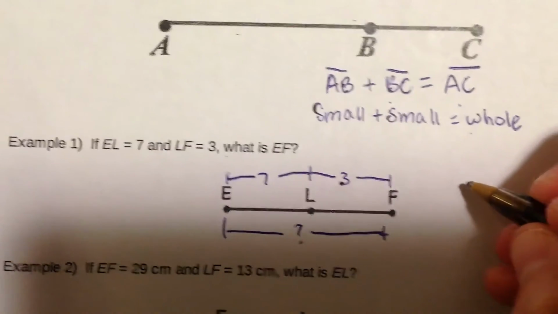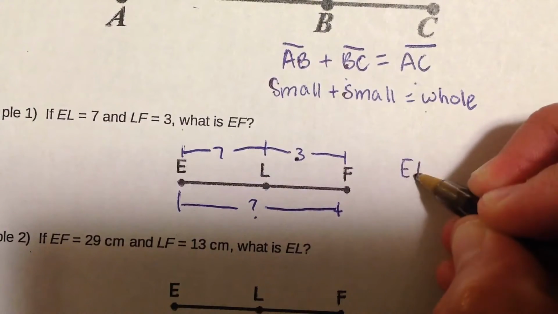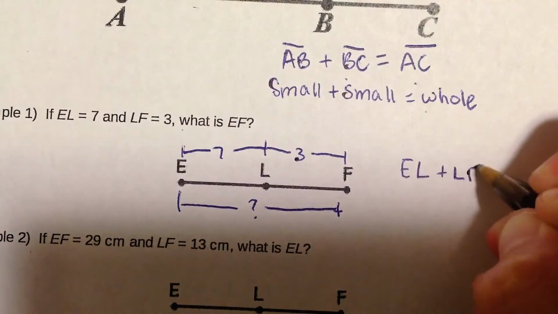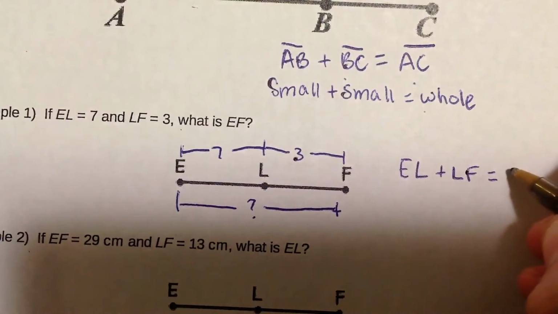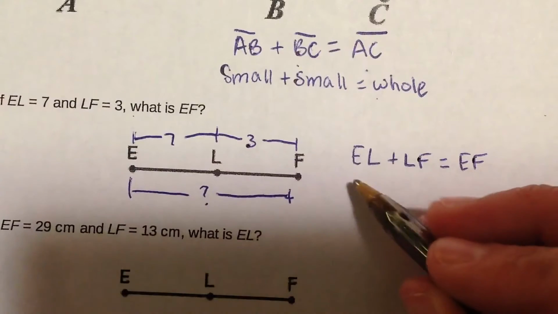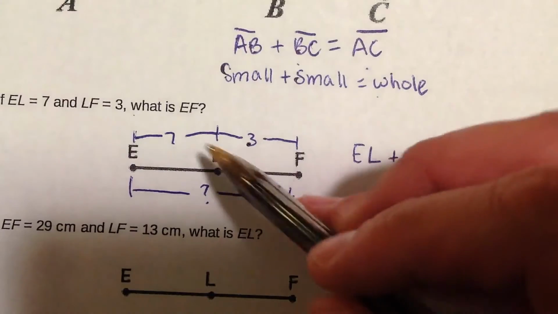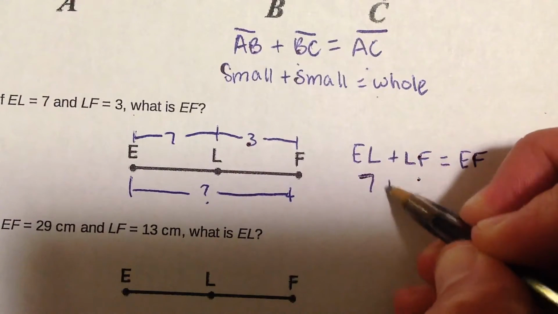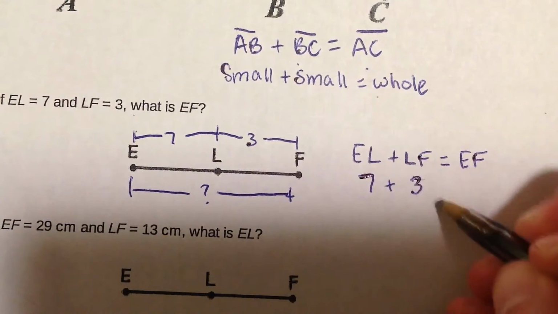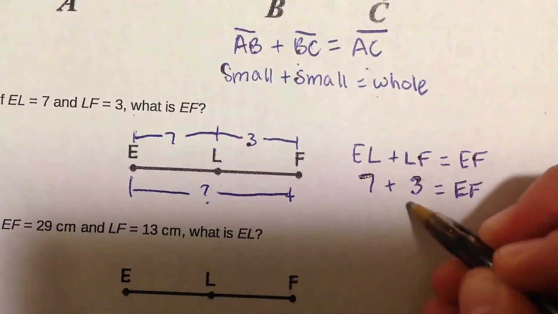So we can say that our two small pieces are EL and LF, and that should equal the whole thing, EF. So again, small piece plus small piece equals whole piece. I'm given what EL is, that's 7. LF is 3, and that equals EF. So 7 plus 3 is 10.